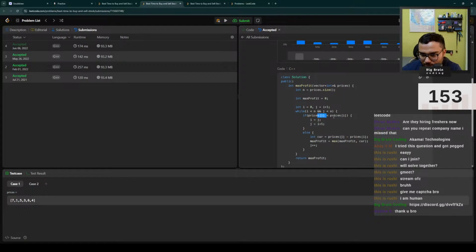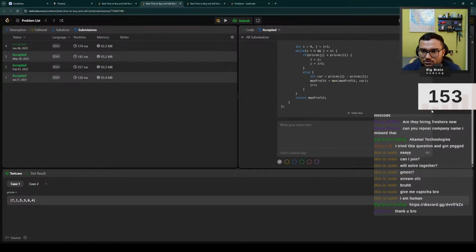When the price is going down, I and J move. Else, if the price is greater, we calculate the difference, maximize the profit, and move J. So I remains at the minimum position. Makes sense.